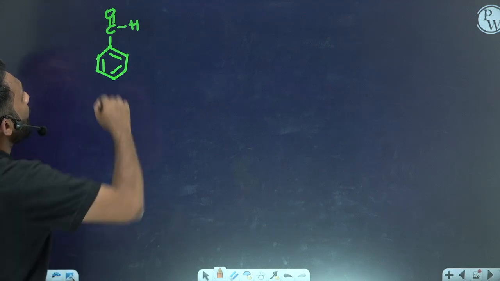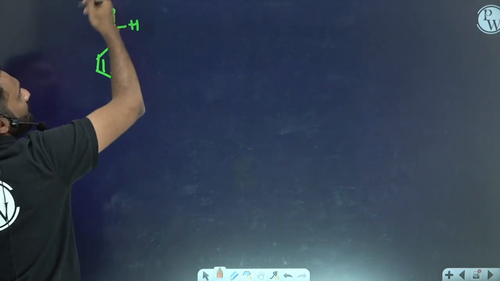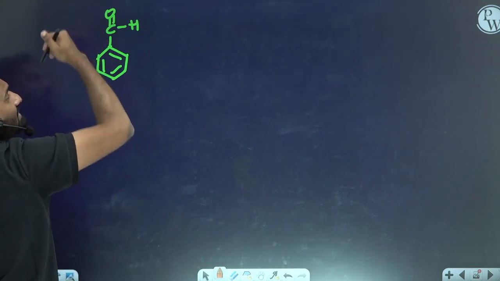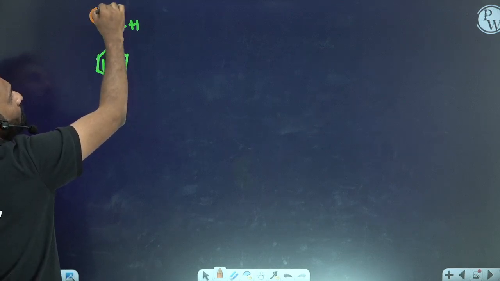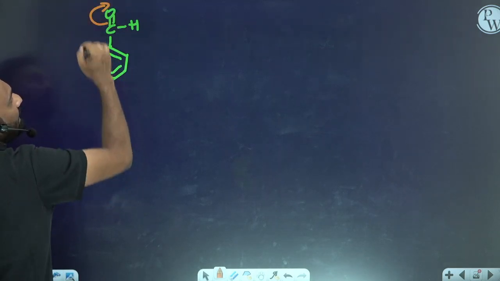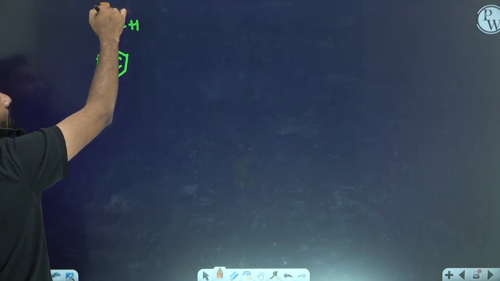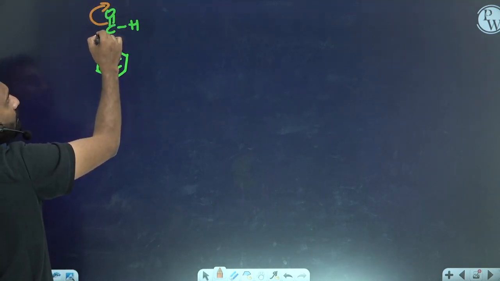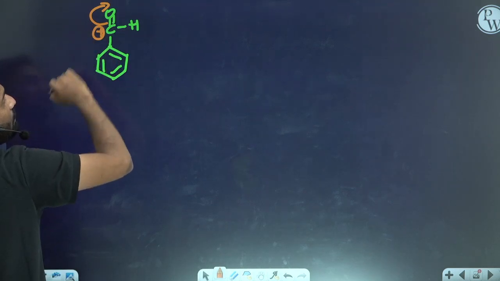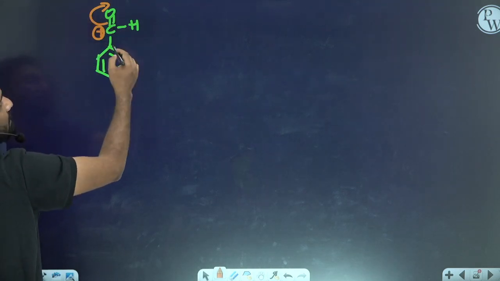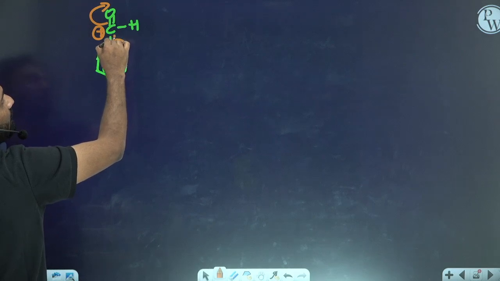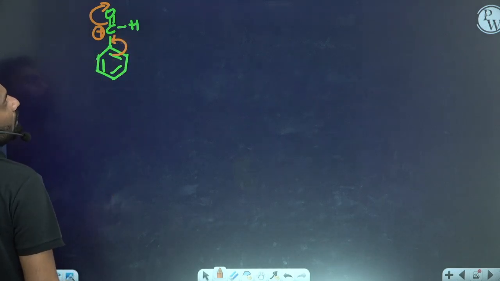Clear. Now between carbon and oxygen, oxygen is more electronegative, right? It will take the bond pair of electrons towards itself. Now this oxygen has taken the bond pair of this sigma pi bond, so this carbon gets a positive charge. To stabilize this positive charge, the aromatic ring pi bond will be delocalized to this carbon.